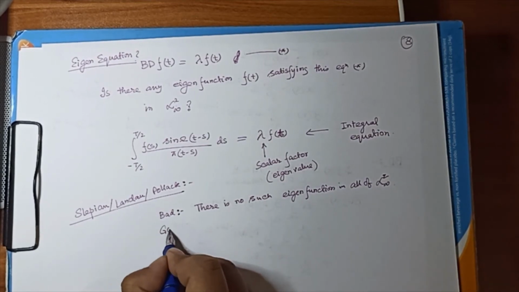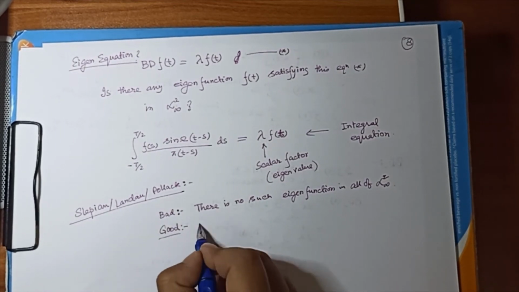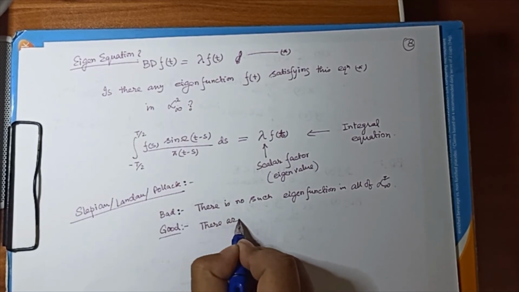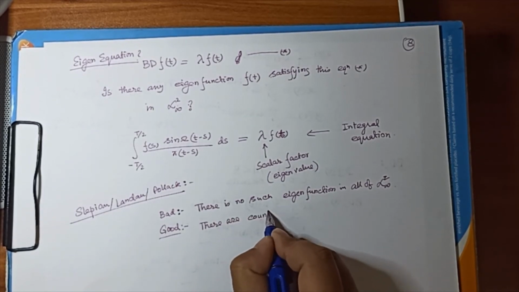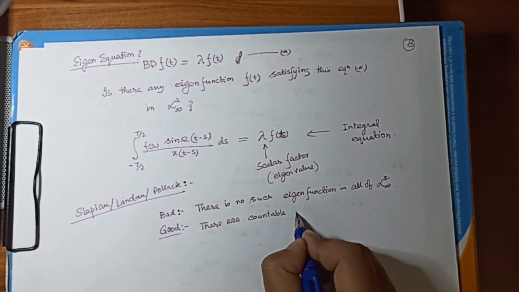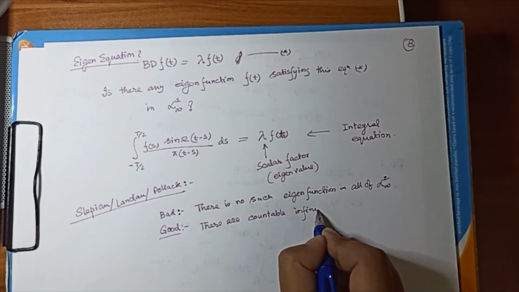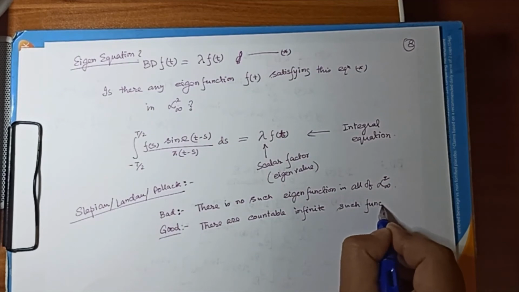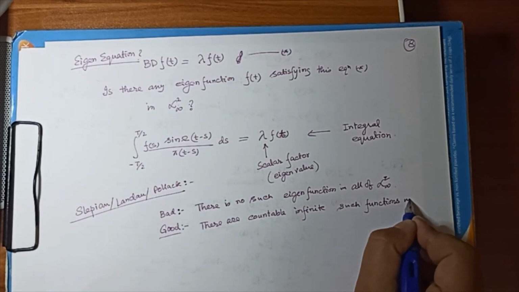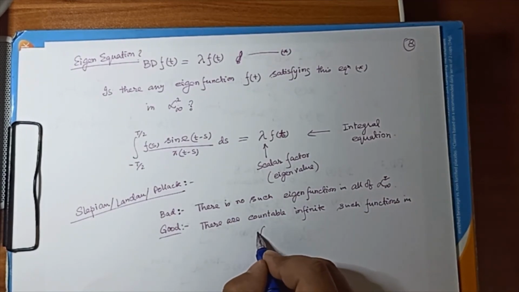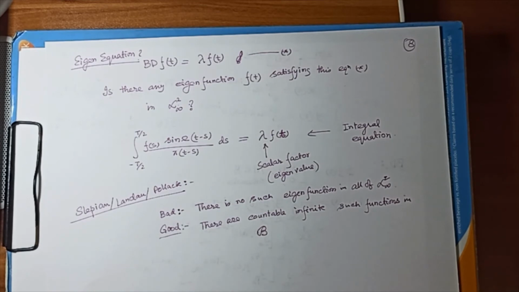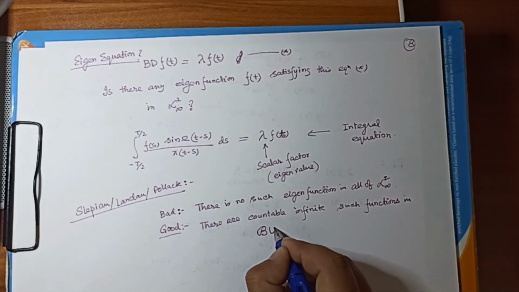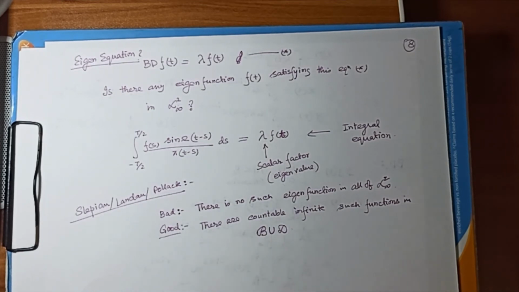The good news is there are countably infinite such functions in B, and not only in B, in D as well. So the same functions are true for B and D.